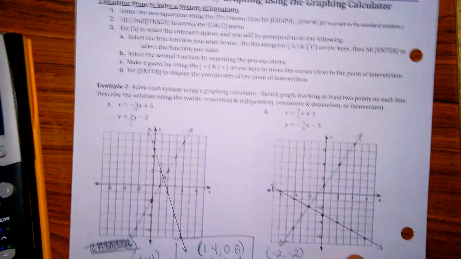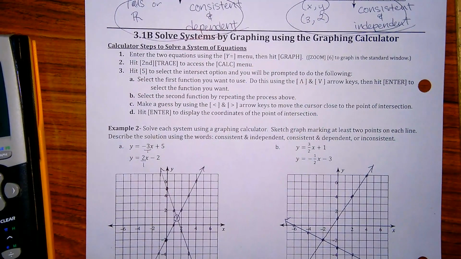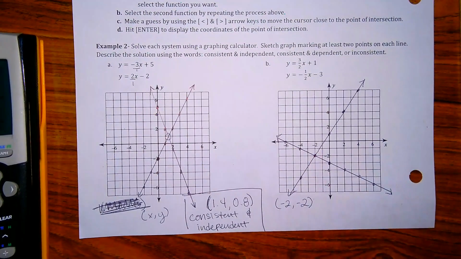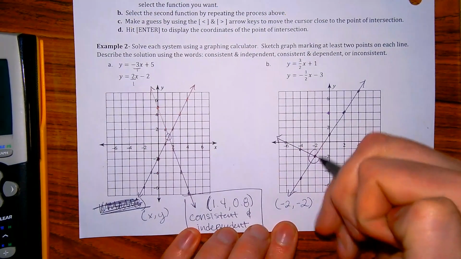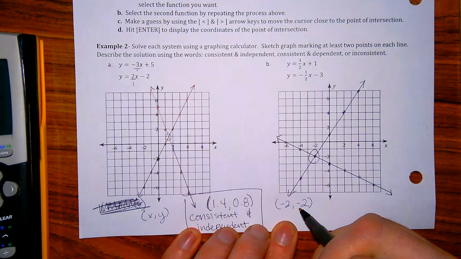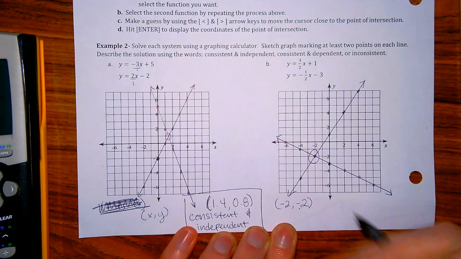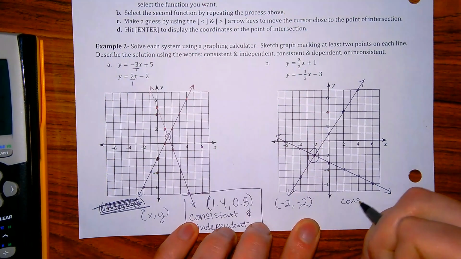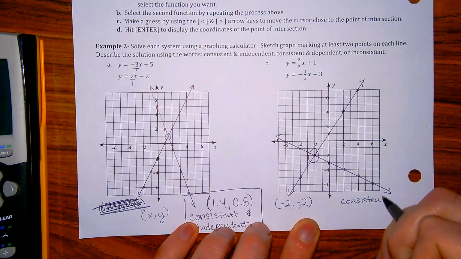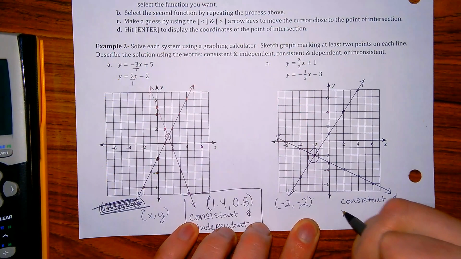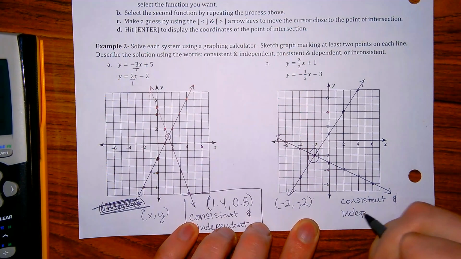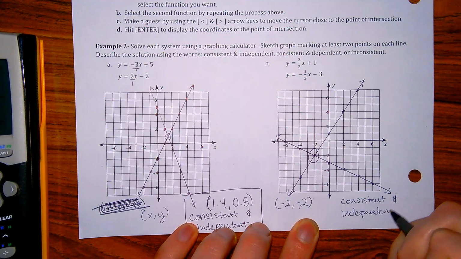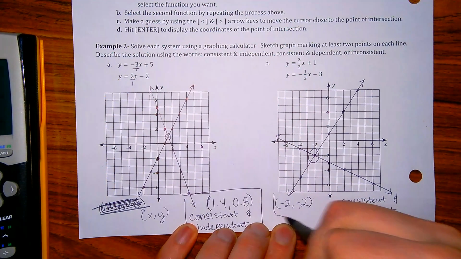As long as I know how to solve for y, everything should be pretty easy for us. We'll find -2, -2, just like this one. And again, we still have to put the consistent and independent part here. And that's my solution to this problem.